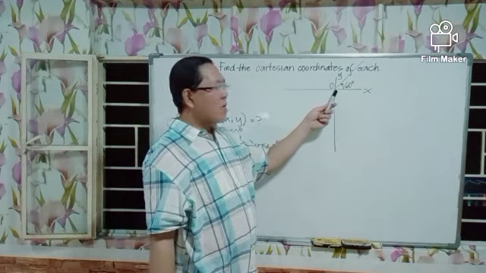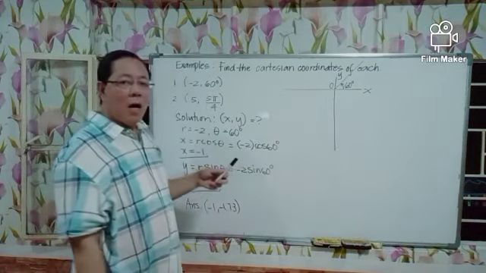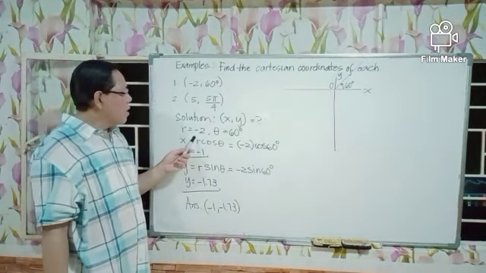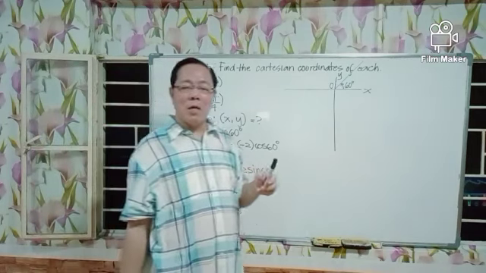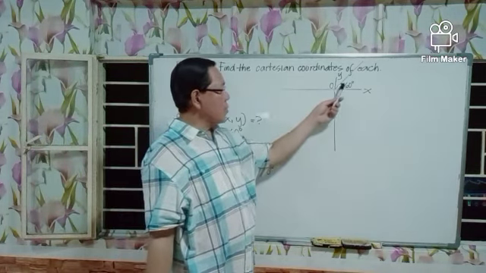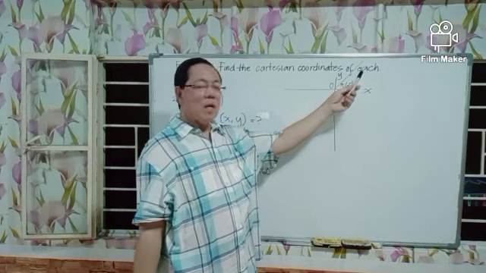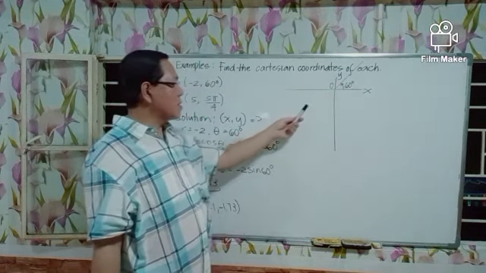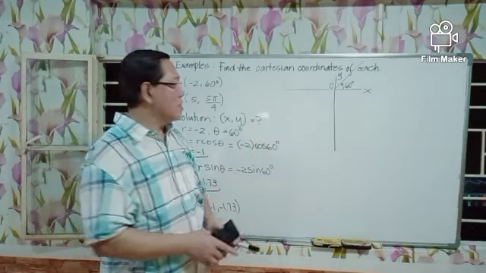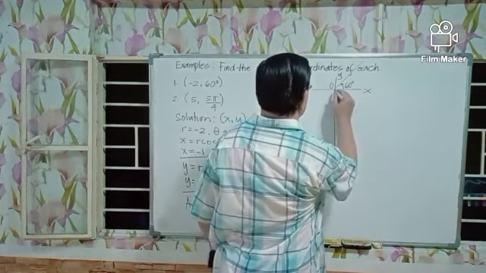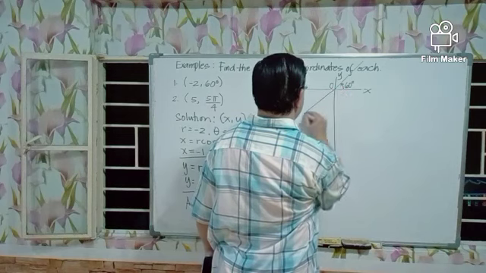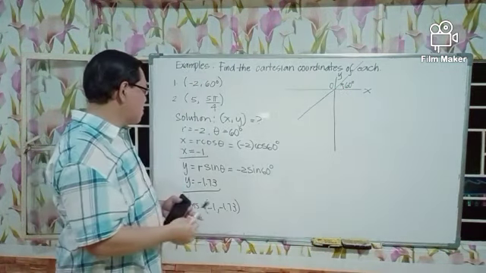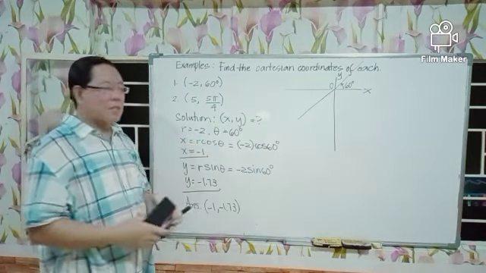And from the origin, we count r units. But the given r is negative 2. That means we measure 2 units on the ray opposite the terminal side of 60 degrees. Because r is negative, extend this terminal side of 60 degrees in the opposite direction. And from the origin, you now count 2 units.